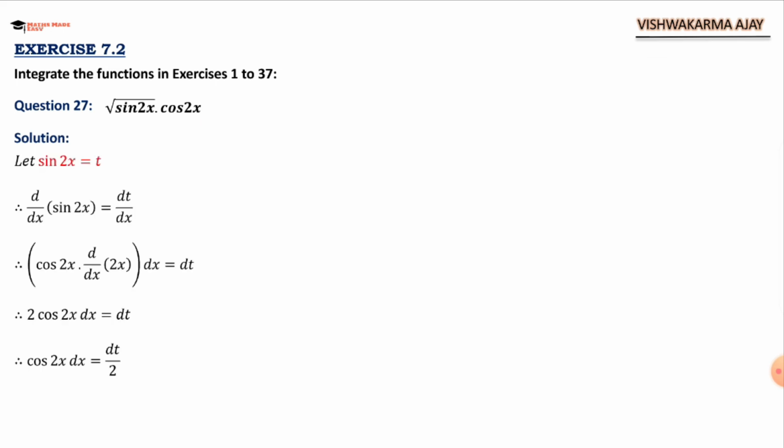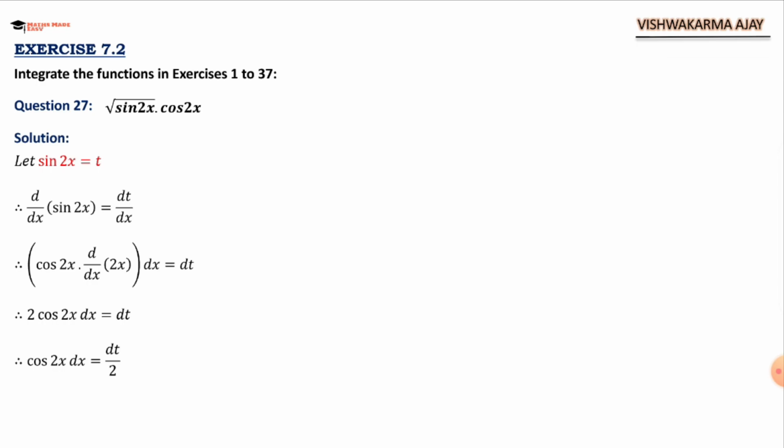Question number 27. Root of sine 2x dot cos 2x. Okay, I will take sine 2x as t. The derivative of sine 2x is 2 cos 2x. Derivative of sine 2x is equal to dt upon dx.